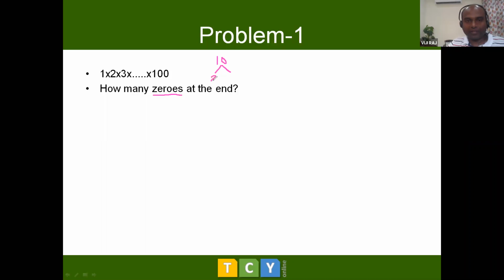So a 10 would consist of a 2 and a 5, right? So in this product here, there is an abundance of 2s. 2 will give us one 2, then after that 4 will give us two 2s. So there is no shortage of 2s. If we run short, we can run short of 5s.